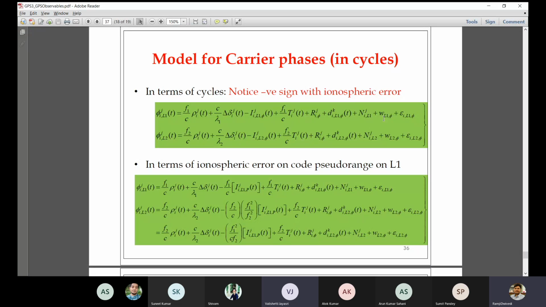If you are following the previous equations, then you will follow these equations also. Just write it down once again in your note sheet.